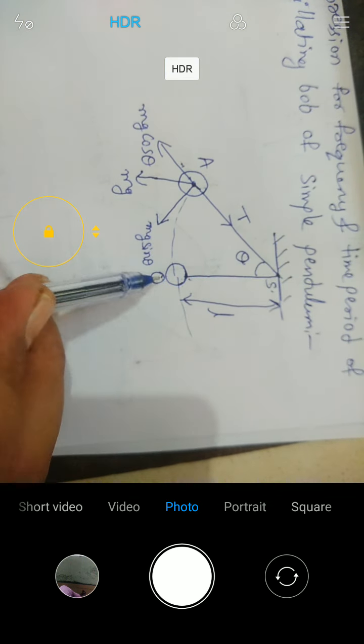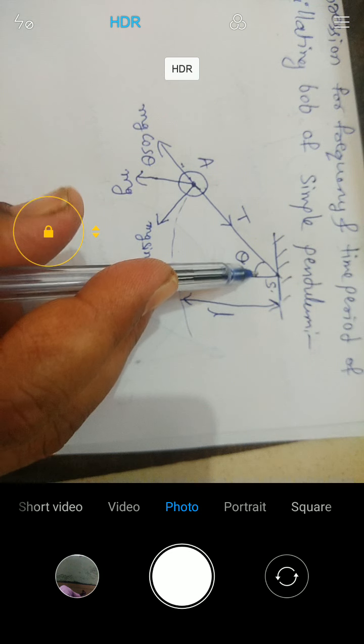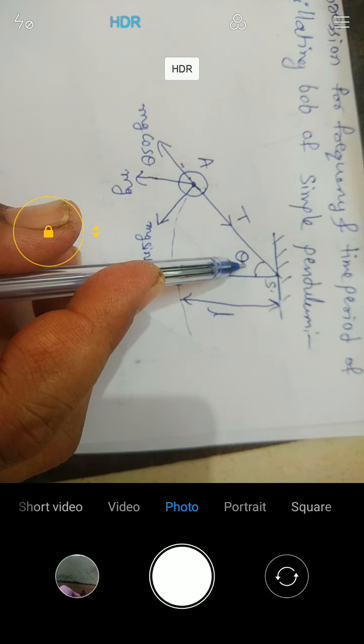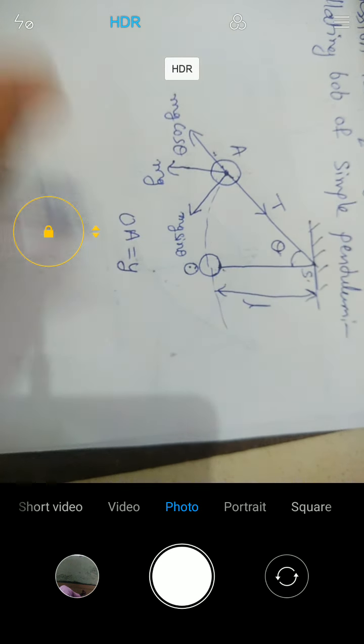Then the angle ASO is suppose theta, this angle is theta, then the displacement along the arc OA is y, okay, the arc OA is equal to y.